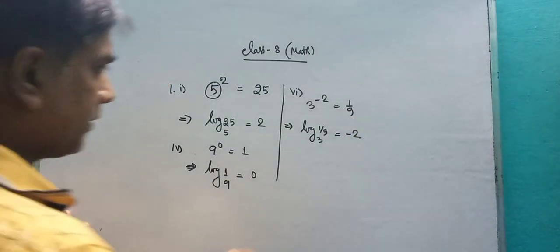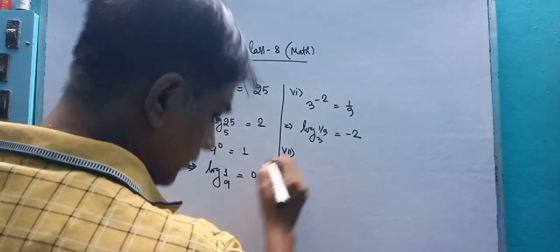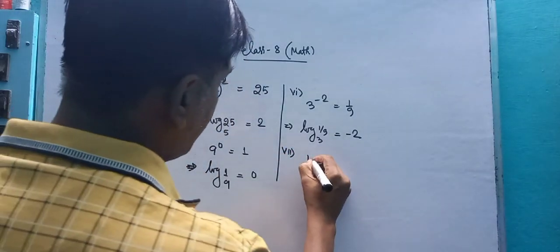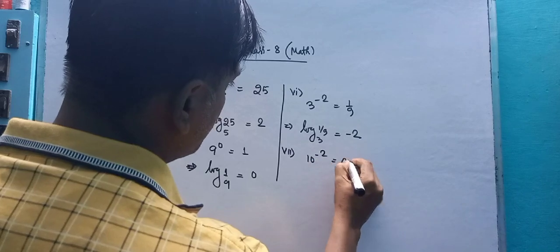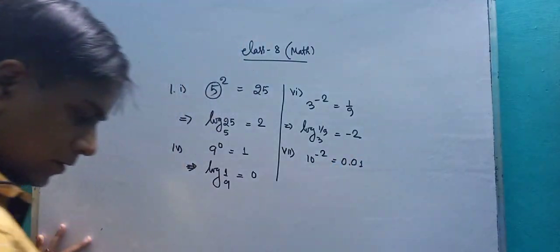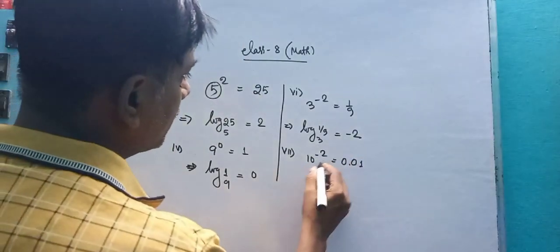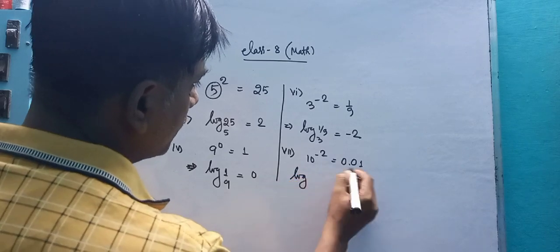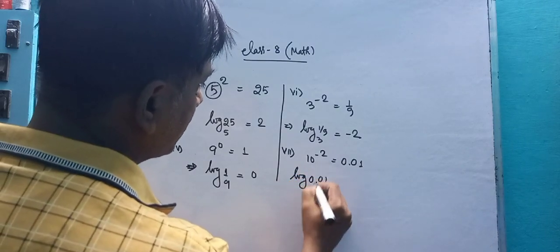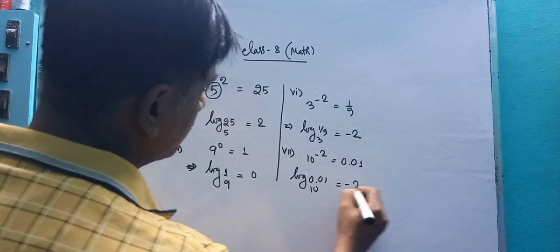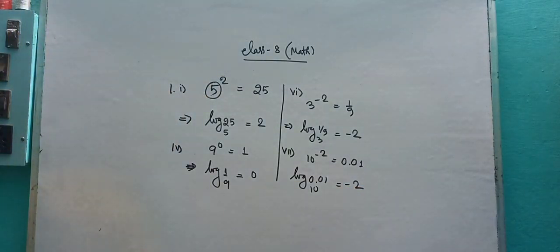Question number 7: 10 to the power minus 2 is equal to 0.01. So log 0.01 with base 10 is minus 2. So these are the common forms of the logarithm.